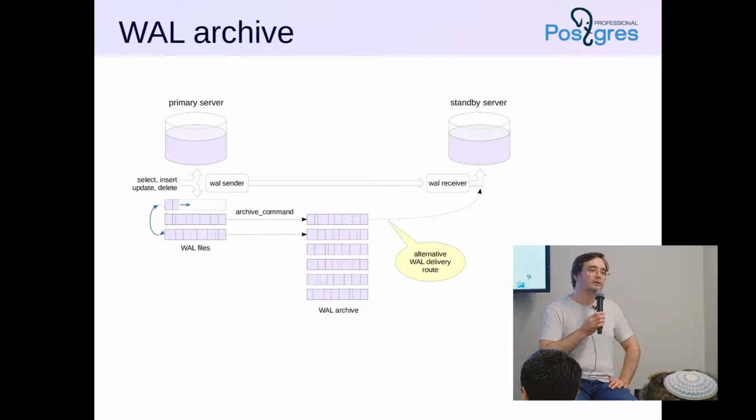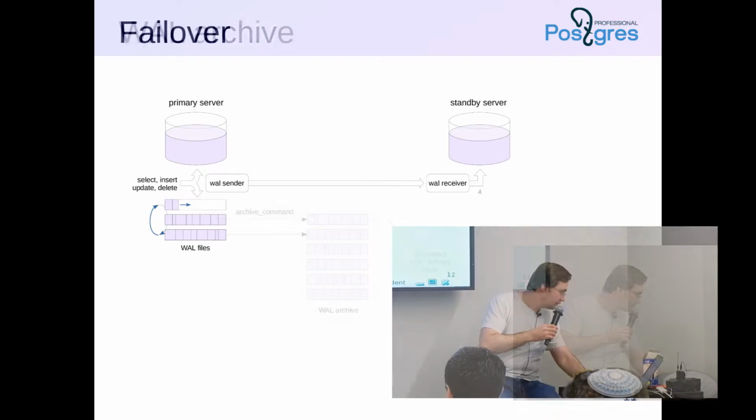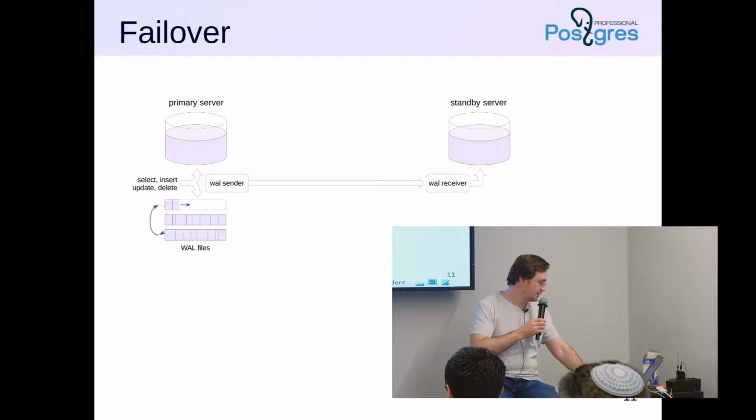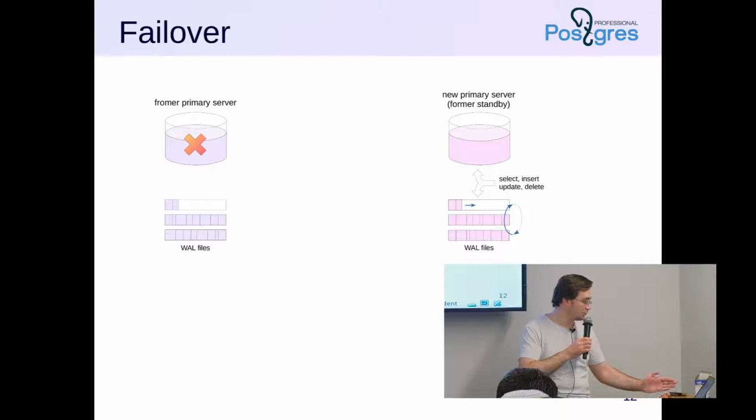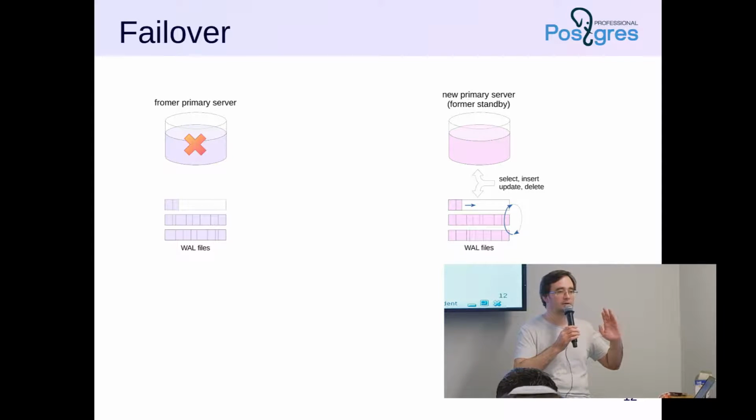So what happens if you need to fail over? When you need to fail over, let me find the slides. You just instruct your standby server, you promote it to a normal server, and you switch your application somehow to this new server.